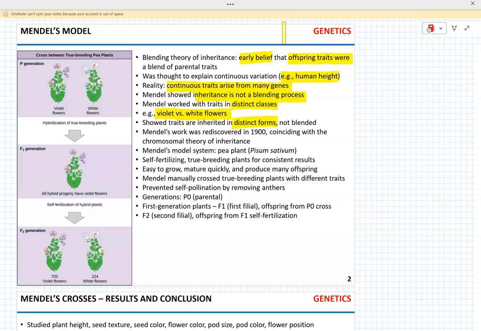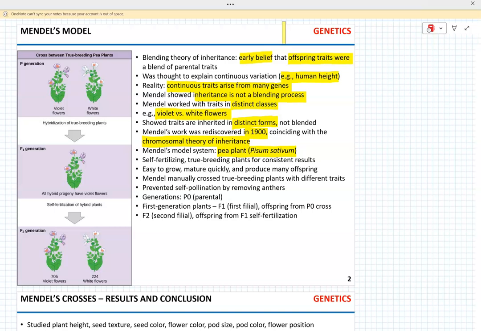The work of Mendel was forgotten for some time and then was rediscovered in 1900s when chromosomal theory of inheritance was formulated. In his studies, Mendel used a pea plant, Pisum sativum, as the model organism.